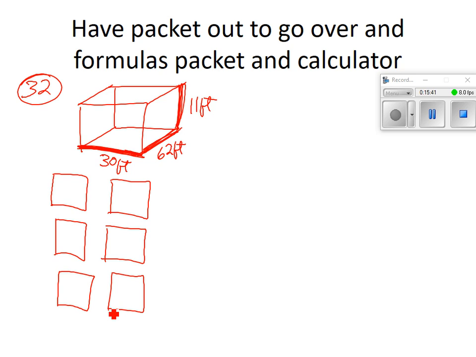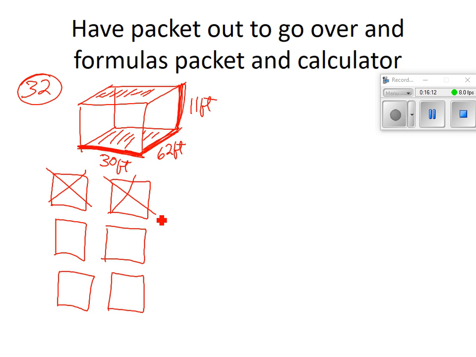So when we look at this, are we actually using all 6? No, because are we putting any siding down here? No, so let's get rid of that side. Are we putting any siding on this part up here? No. So let's get rid of that. So all we really want are the lateral faces, the ones around the outside, right?